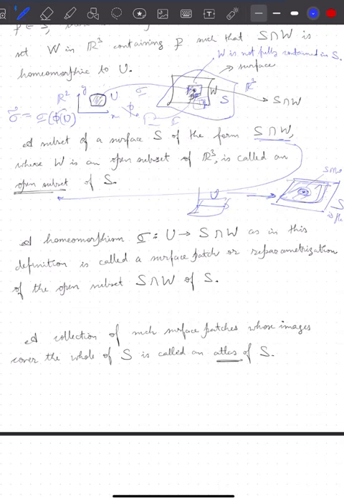So this is what we call a surface patch, or maybe we can just call it reparametrization, because later we'll see that we can reparametrize. We can move from one surface patch to another by defining a transition in between them.